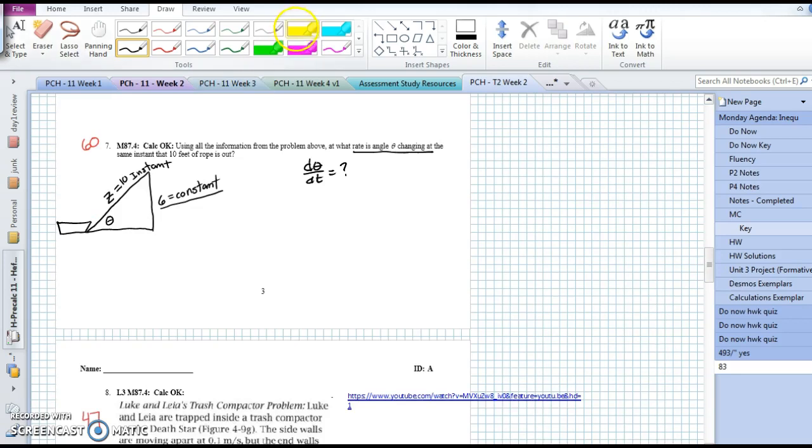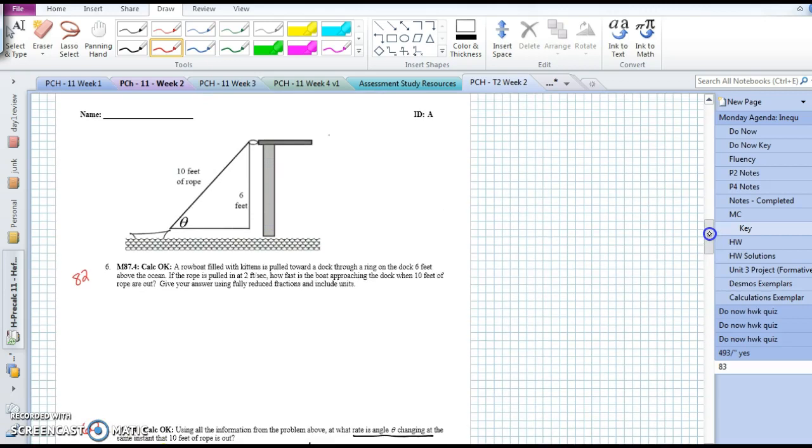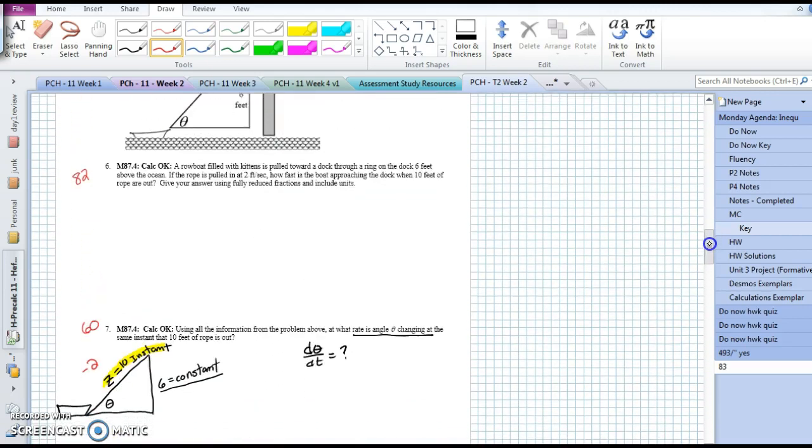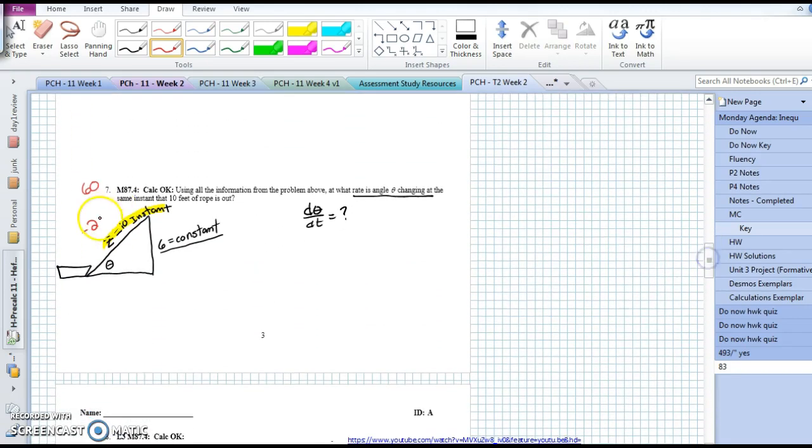And at an instant in time, there is 10 feet of rope out, and the rope is coming in, so it's a negative 2 feet per second. So therefore we need this, and we've been given this is constant.